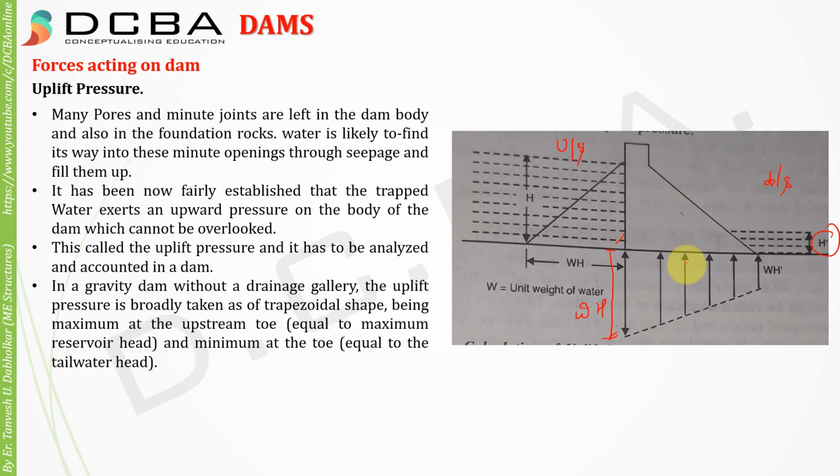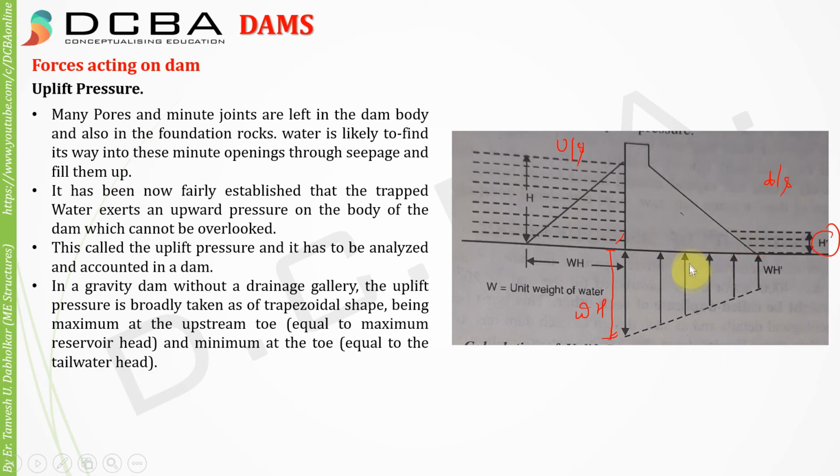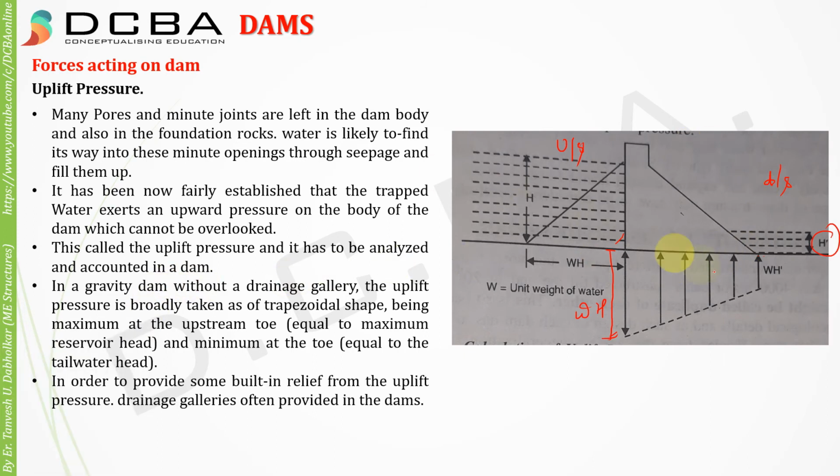So we have to somehow dissipate this pressure, we have to remove that pressure somehow, and that pressure is removed by providing drainage galleries. So a drainage gallery is nothing but a structure which is built like this. I will just try to draw it.